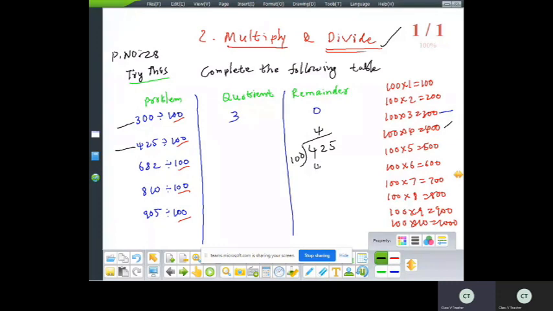Now 425 minus 400. The quotient is 4. Remainder is 25. For the second problem, remainder is 25.